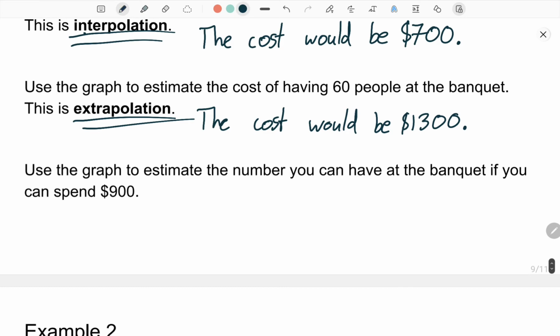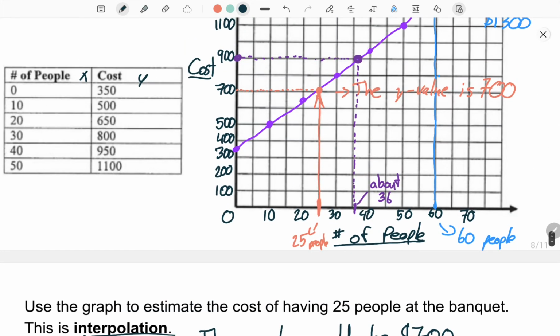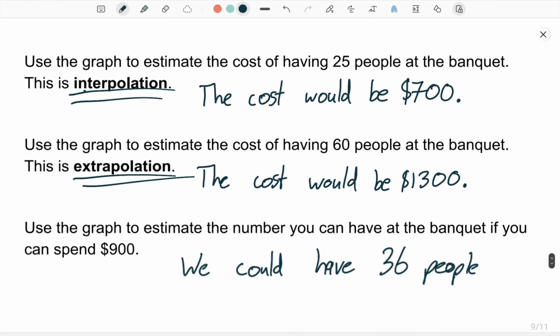And so we could have 36 people. And again, that was within our data. The original y value was in between the y values that we had. So therefore, that would be an interpolation for this last one.